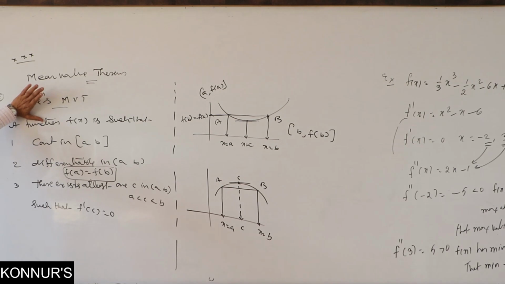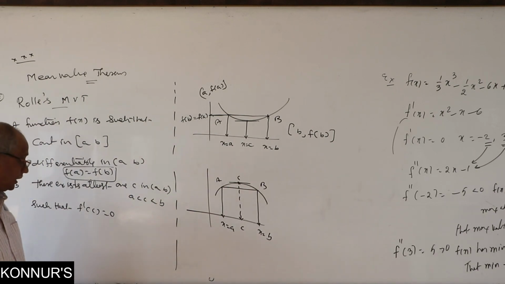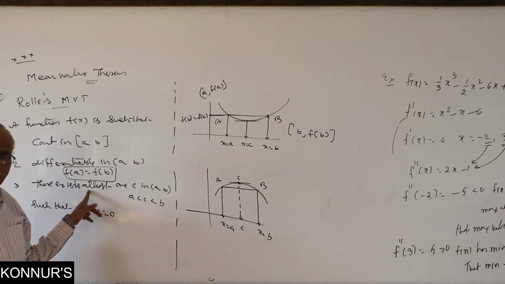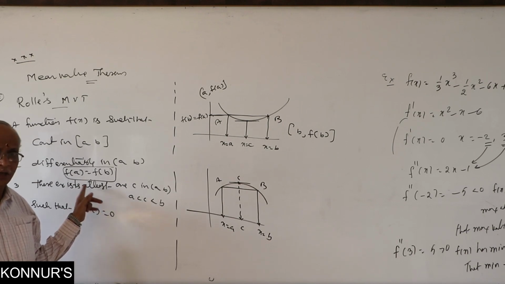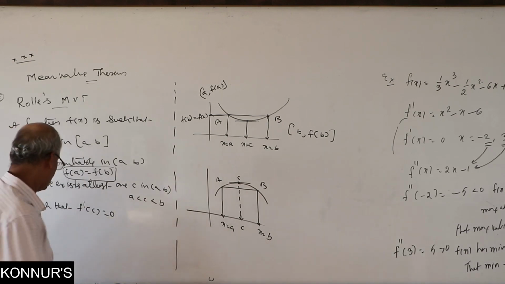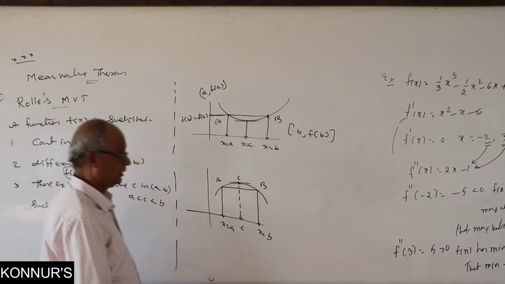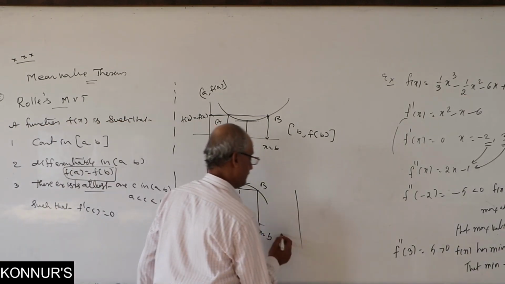Okay. It is not only Rolle's theorem. Rolle's mean value theorem's title is given because in the majority of problems the tangent where it is parallel exists at the center. It exists at the center. I told you, at least one, maybe more than one also. That's why it is not necessarily the center. How I say at least, you draw one diagram here to see that.